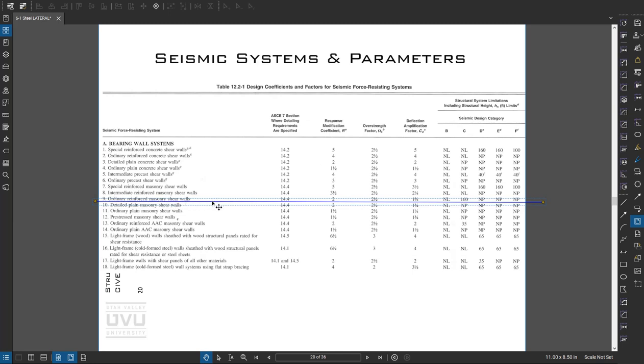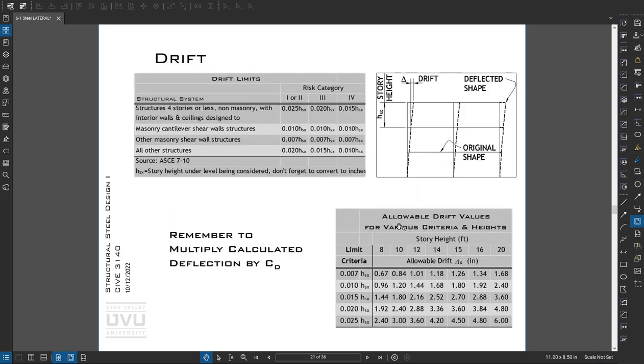So it's important as you are starting a project to come to a table like this and understand what seismic systems can be used and what seismic systems are off limits. Drift is an important part of this. We want to look at the relative story displacement between floors.